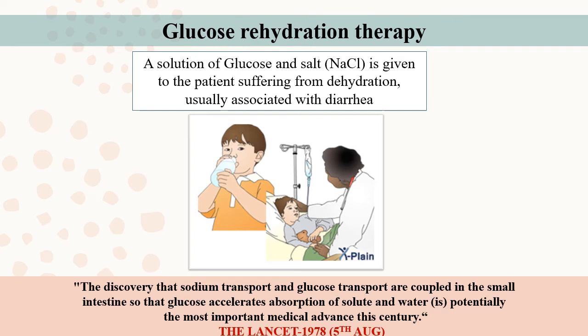Hence, the uptake of water requires both sodium and glucose to be present in the intestinal lumen. The presence of water alone in the lumen of the intestine is much less effective. That is the basis of glucose rehydration therapy as a remedy for dehydration.